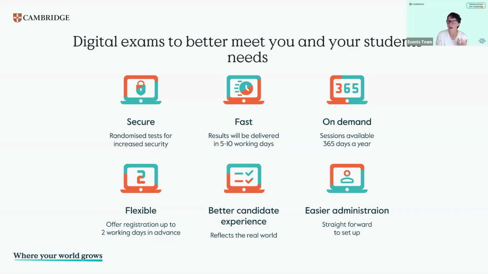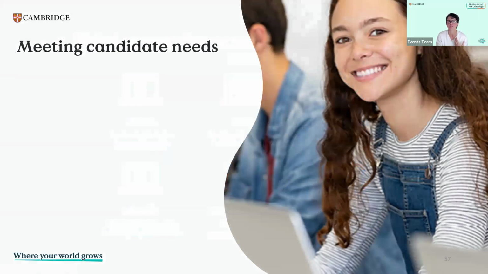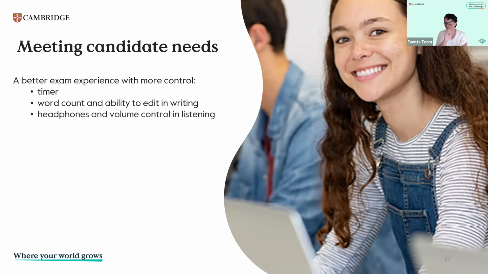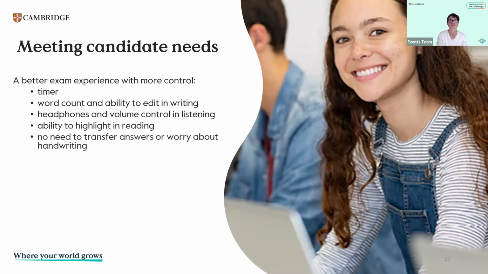So thinking about better candidate experience and meeting our candidates' needs. Why is it a better exam experience with more control? Well, they have the timer. They've got automatic word count, and they've got immediate ability to edit in writing, so they don't have to guess the word count. You've got the headphones and the volume control in listening, so they control their own volume for the listenings, and the ability to highlight in the reading.